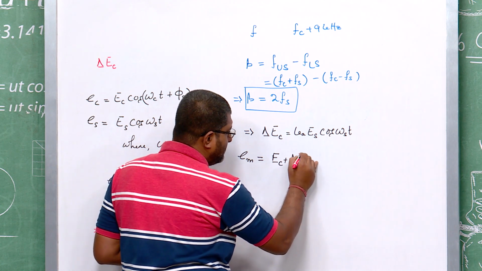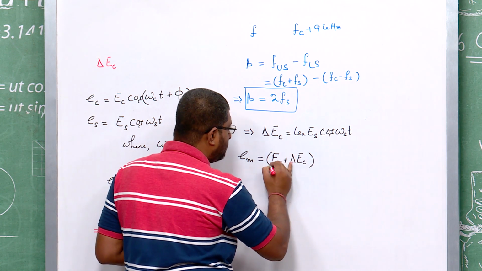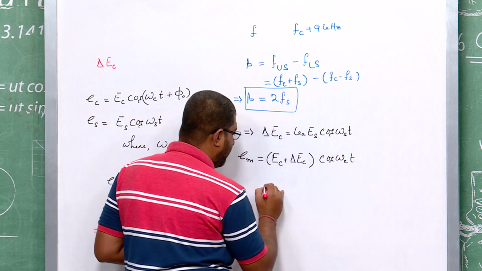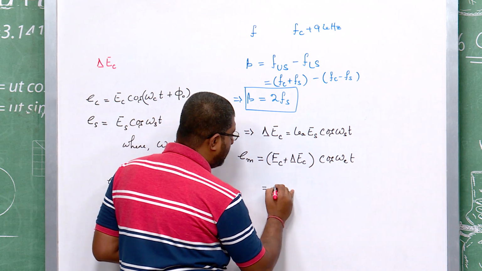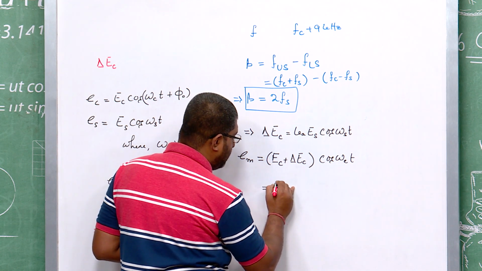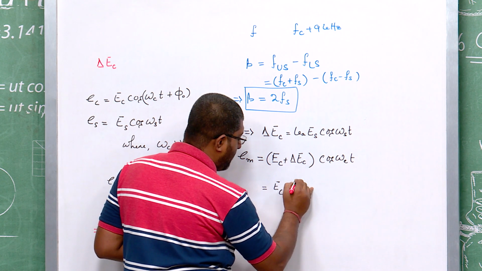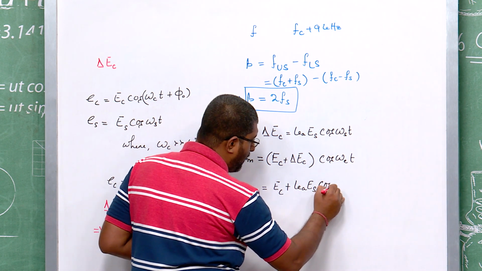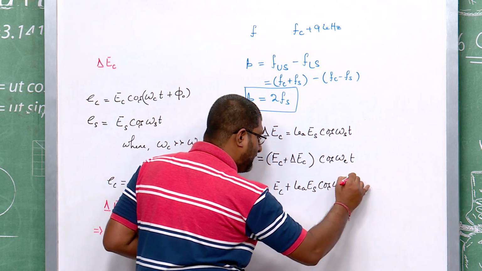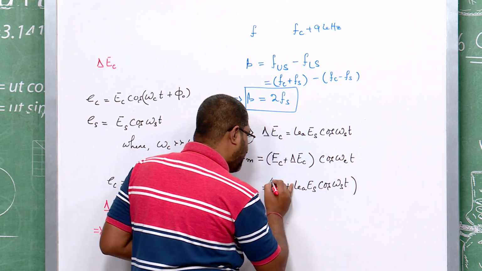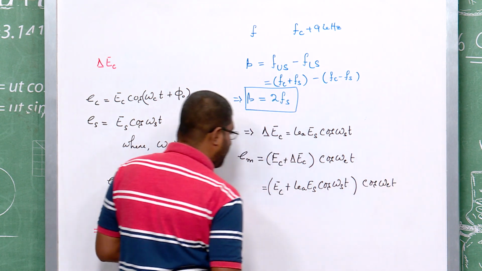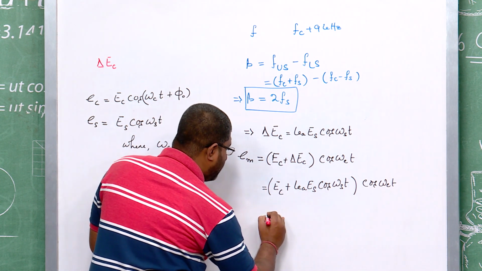So, the modulated wave equation becomes Ec plus delta Ec times cos omega c t. So, this becomes Ec plus Ka Es cos omega s t, into cos omega c t.